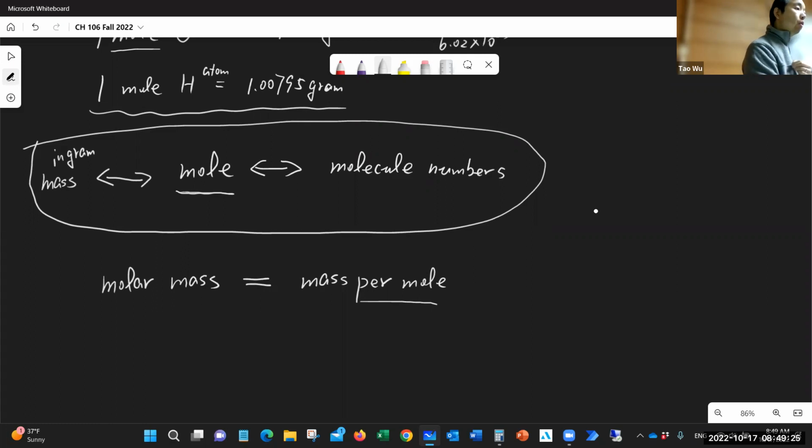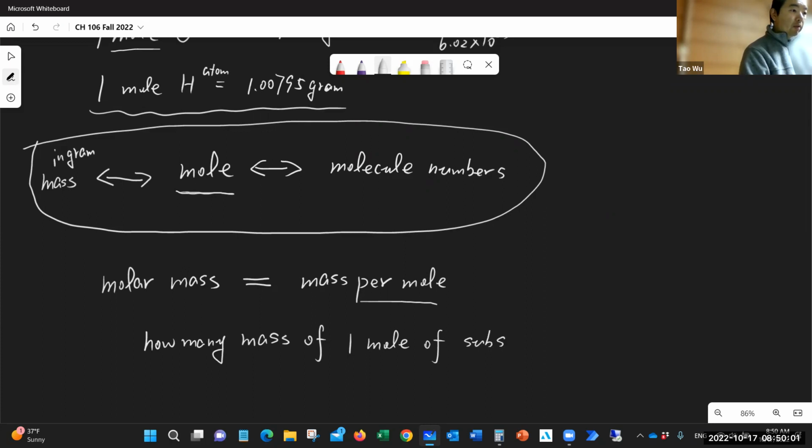So molar mass is the mass of 1 mole of the substance. How many mass for 1 mole of the substance?